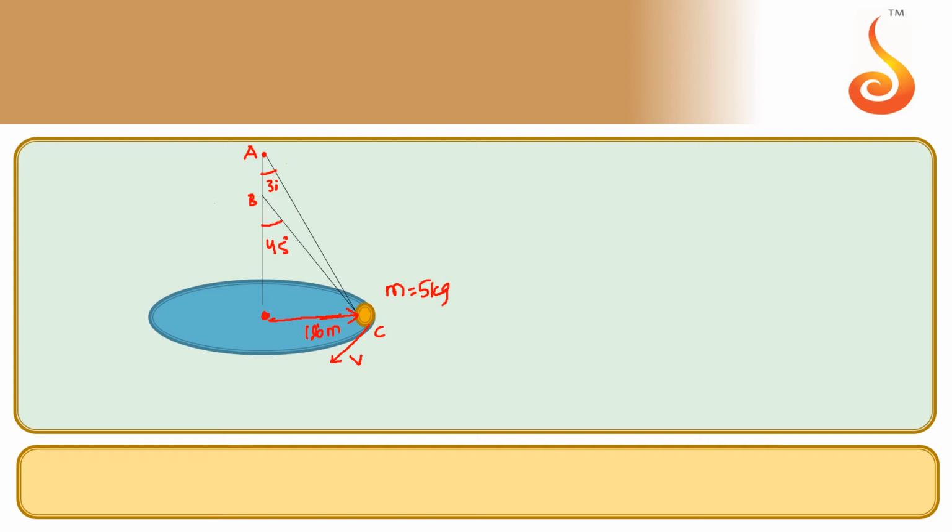So let there be tension T1 and let there be tension T2. For T1, if we divide the components, in the upward direction it will be T1 cos 30, and towards the center it will be T1 sin 30.